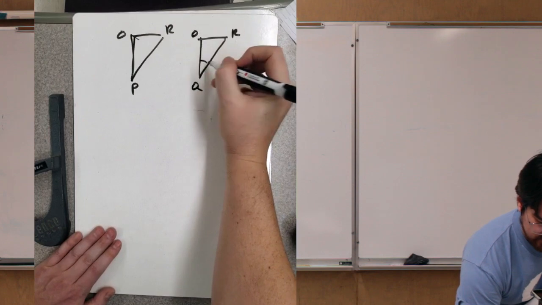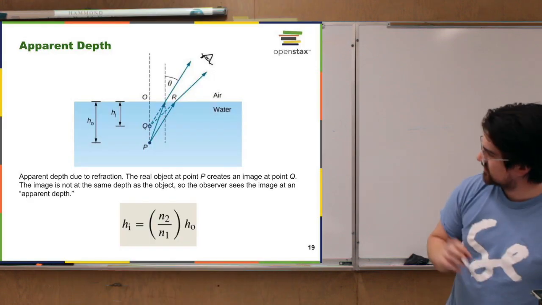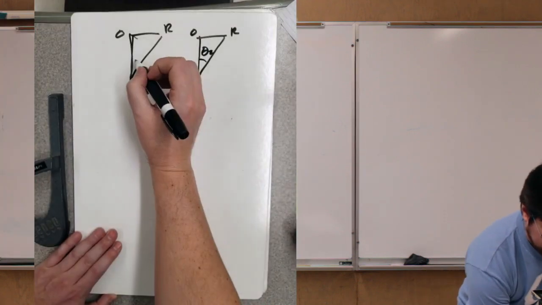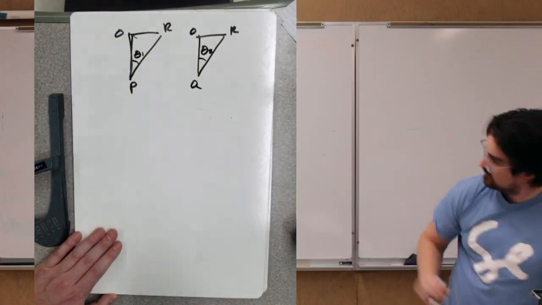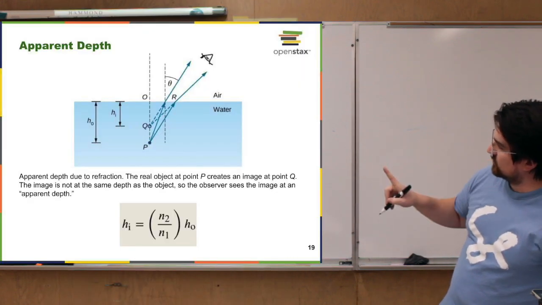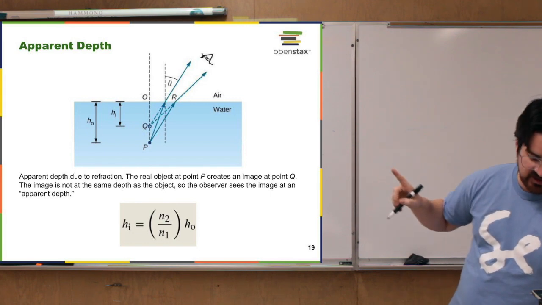I'm going to call that theta 2, because that's the refracted angle, and the angle that the light ray from P makes with the vertical is the incident angle.